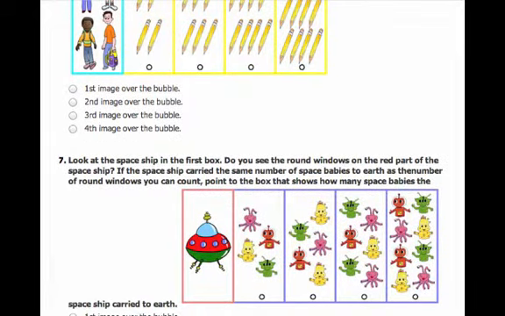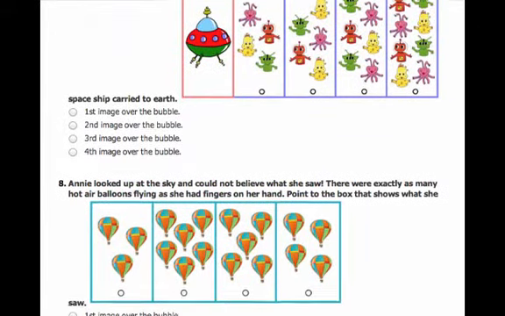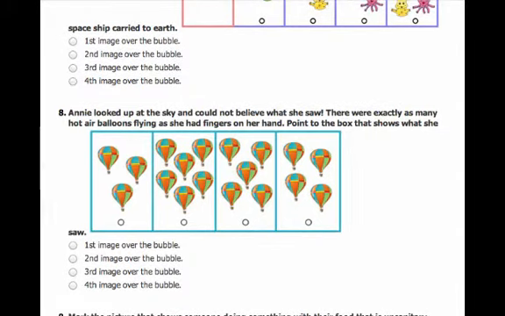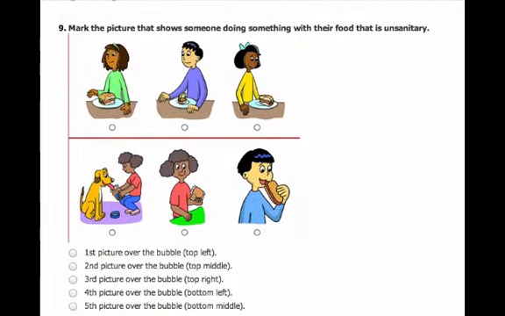Here they have to find, if there's one alien for each window, which one is it? Here's another one where you have to have the same number of balloons as you have fingers on one hand. This would be a verbal question because a child would have to know what the word unsanitary means.